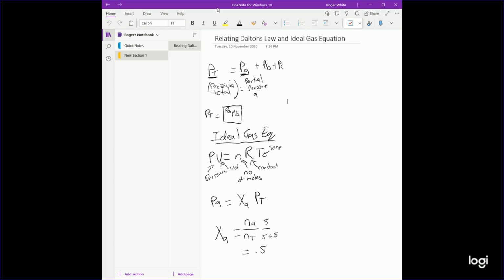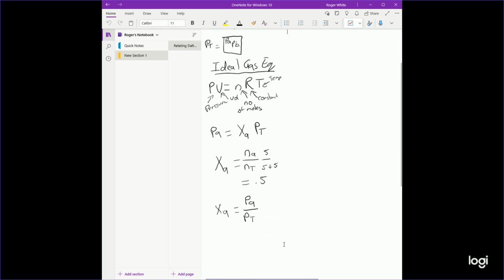Alright. So we've got our equations here. Another way that the mole fraction can be written is that the mole fraction of A can also equal the pressure of A divided by the pressure total. That is also equivalent.